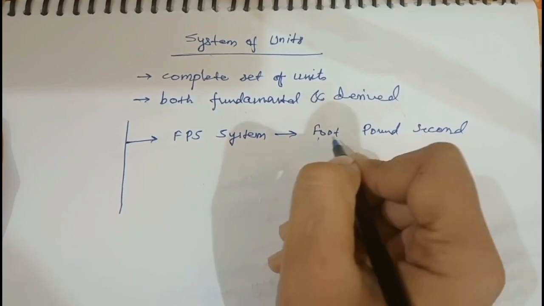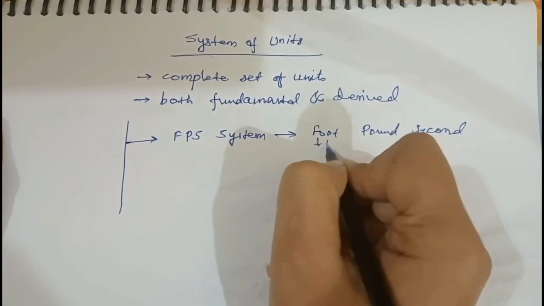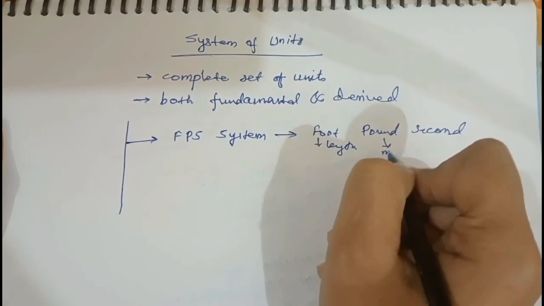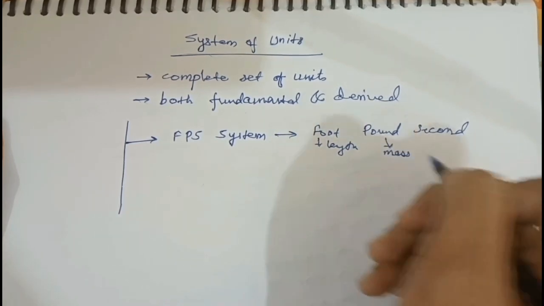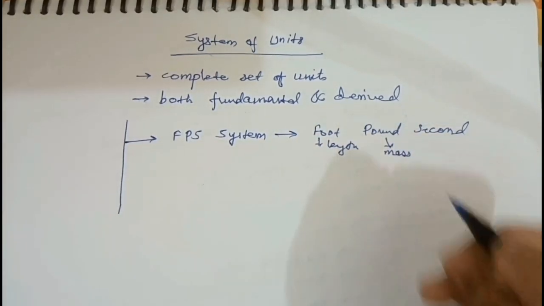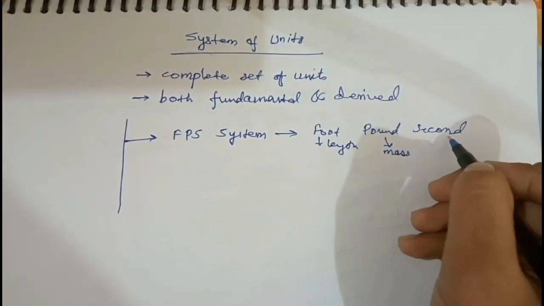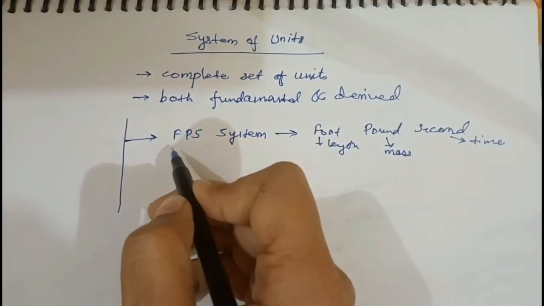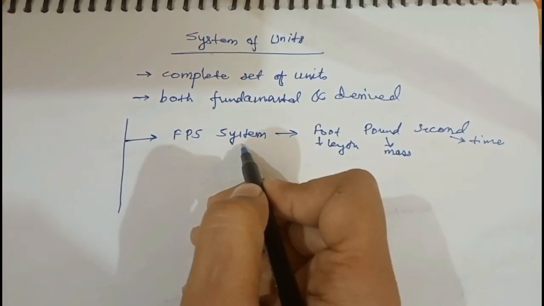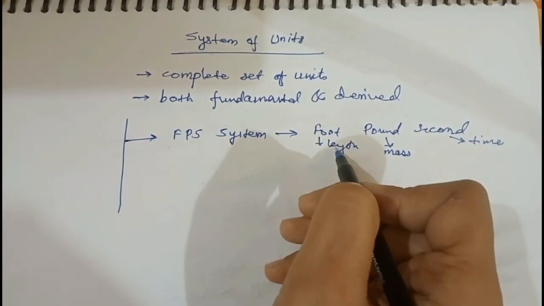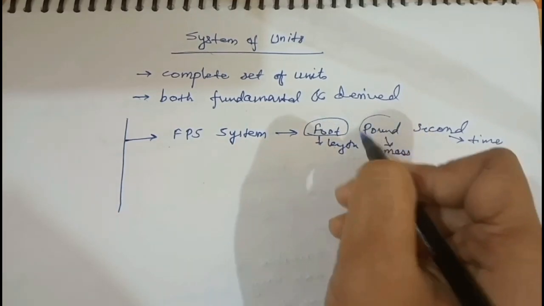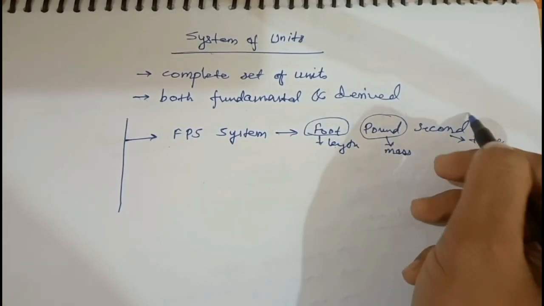Foot is for length, pound is used to measure mass, and second is used to measure time. FPS is a system of units in which we measure length by foot, mass by pound and time by second.